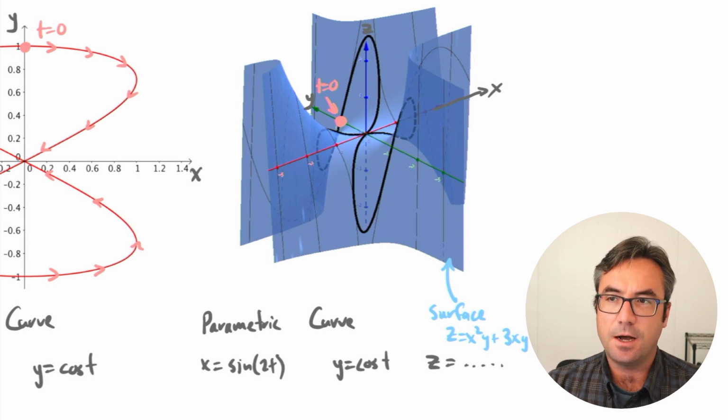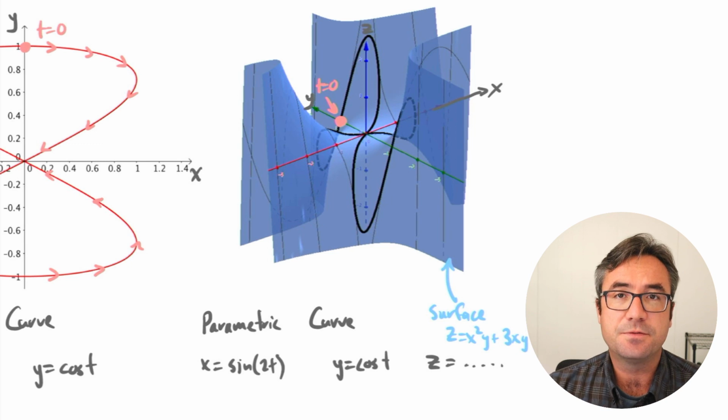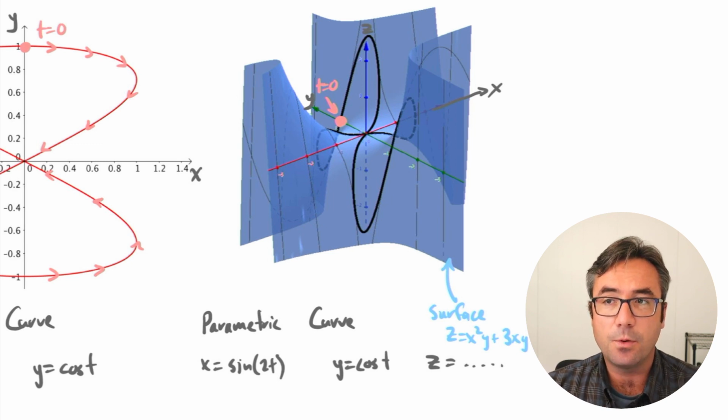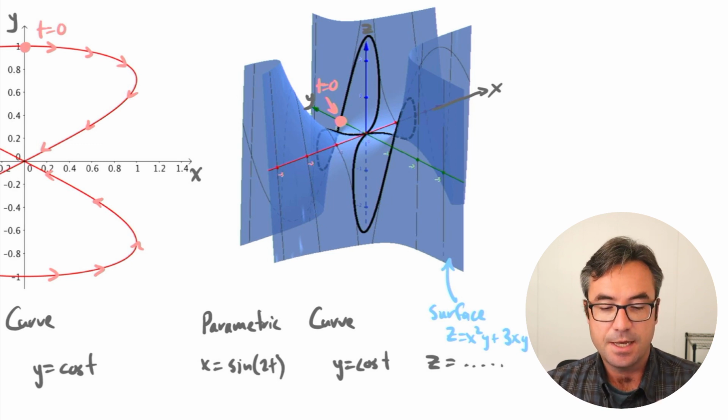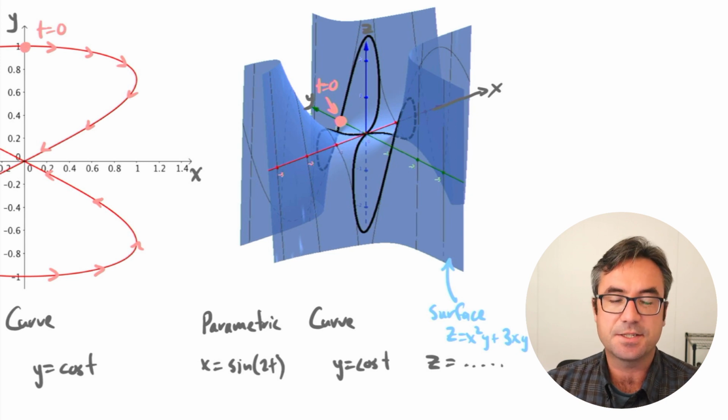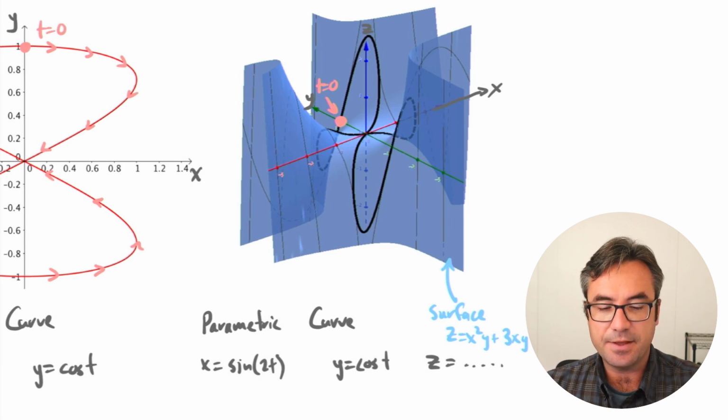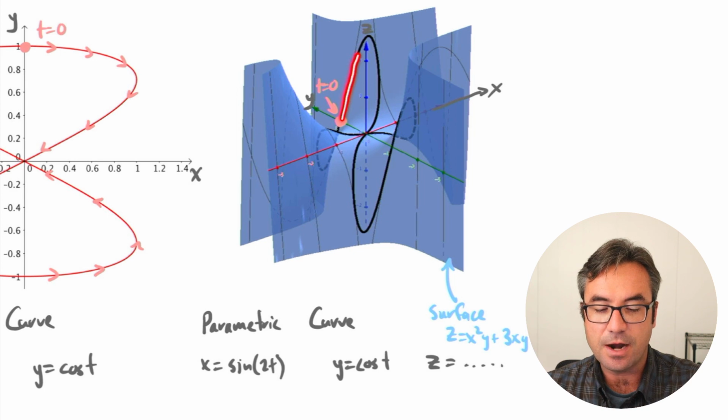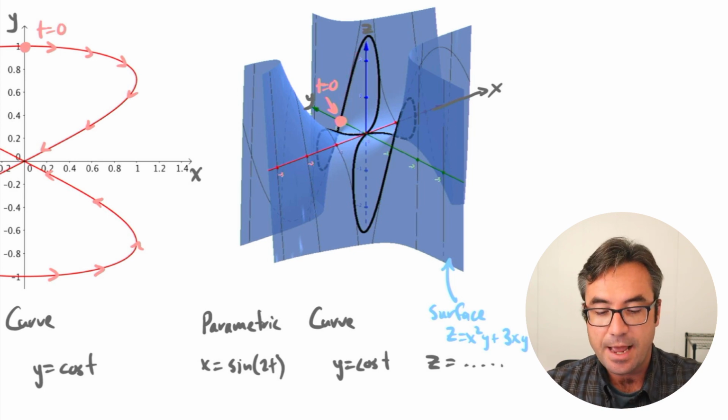And what we saw is that the derivative of z with respect to t at that point was 6. And so what that's telling us is how fast our elevation was changing at that specific moment in time.